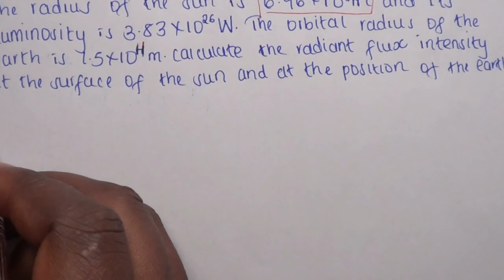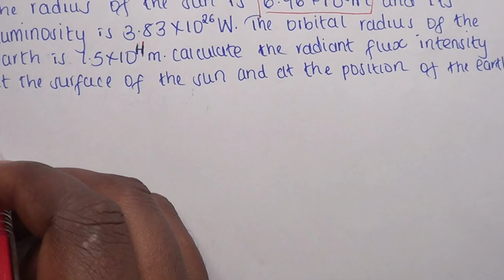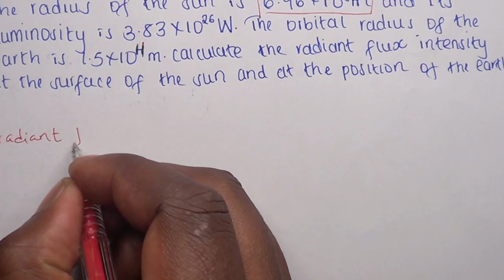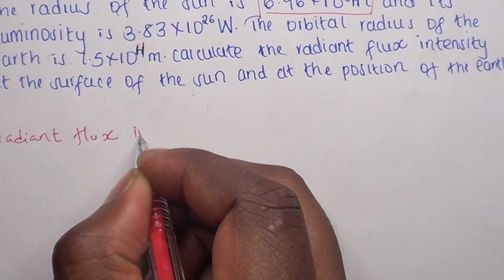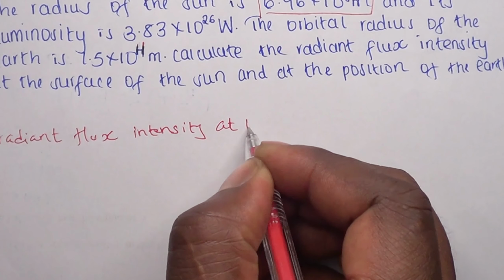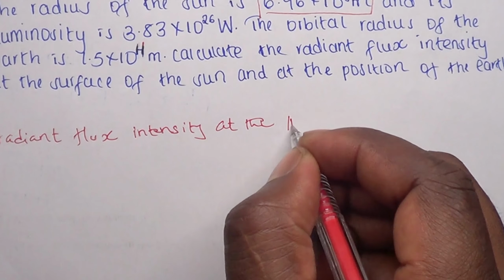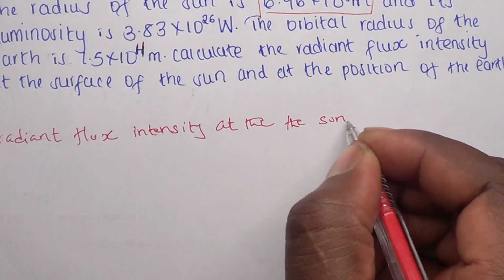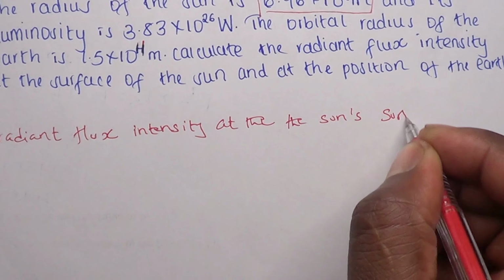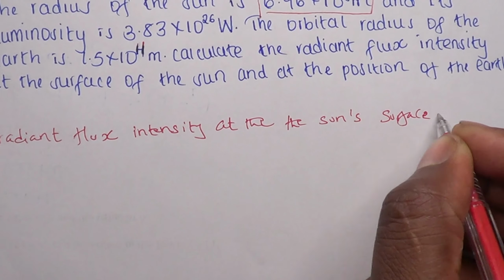Okay, let us start from the radiant flux intensity at the sun's surface.